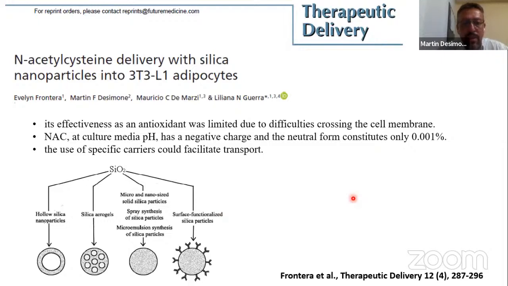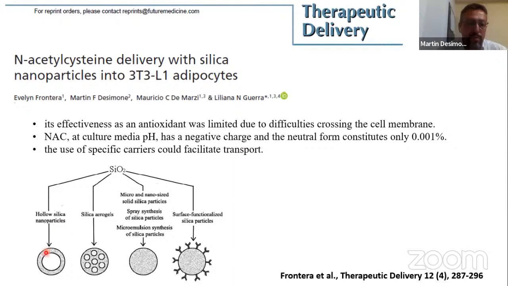Thus, the incorporation of antioxidant molecules in these nanoparticles could be highly beneficial for the therapeutic application. So we evaluate the delivery of N-acetylcysteine. This is an antioxidant molecule. This is very difficult to apply because it cannot enter the cells very easily.